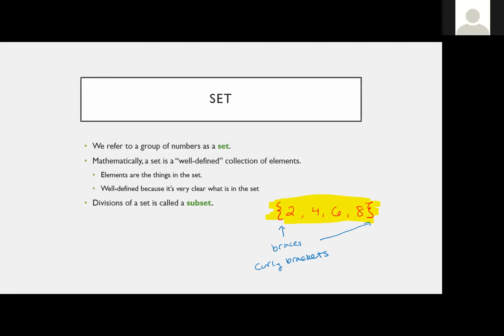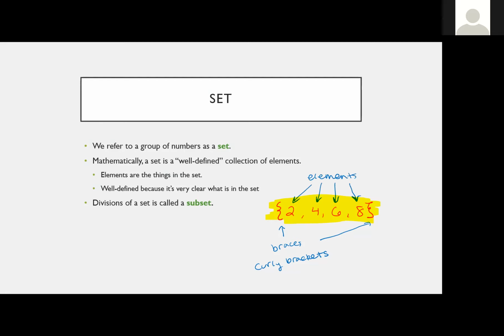The mathematical definition says that a set is a well-defined collection of elements. When it says elements, those are the things that are in the set. Those are the numbers. Those are the elements of the set. And the phrase well-defined means that you know exactly what is inside there.